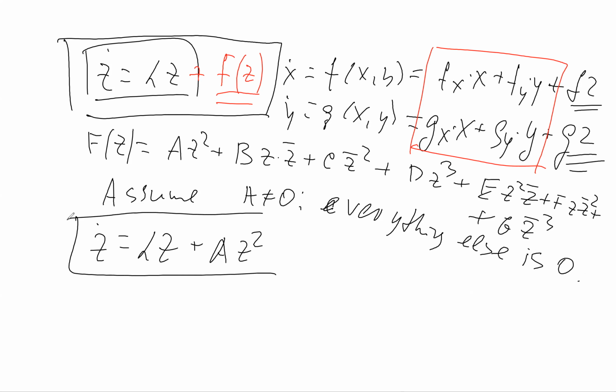So we consider this. It is not the final story, but at least to start with, this is what we will start with. Maybe I can even start it on a new page: z dot is lambda z plus a z squared. So it is what we got.